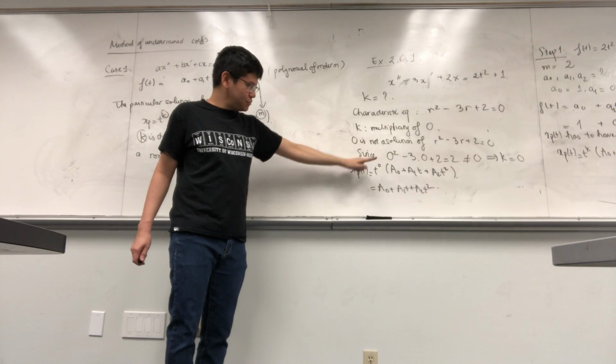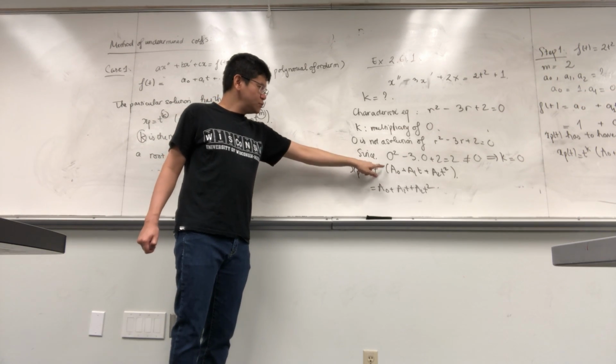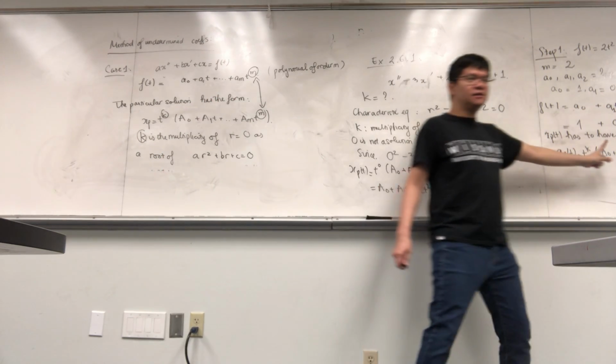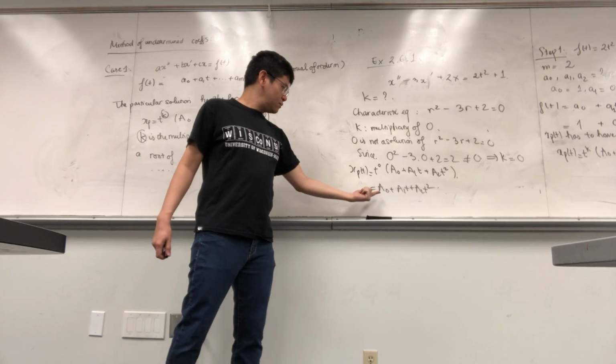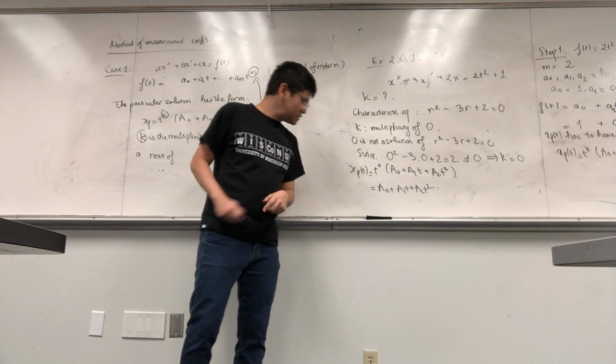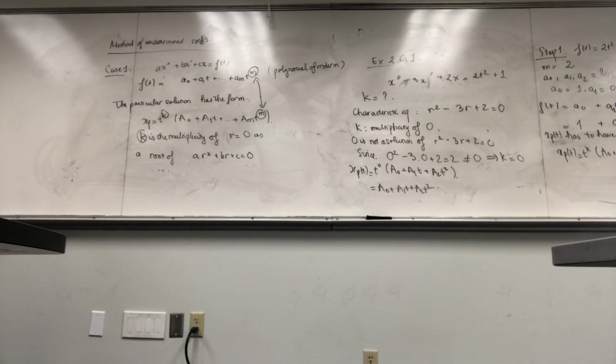You replace 0. 0 is not a solution. So the multiplicity of 0 is 0, which means that you have to replace k to be 0. So here you have t to power 0, which means that finally you get a0 plus a1t plus a2t squared. Questions? Now your job is to determine a0, a1, a2.